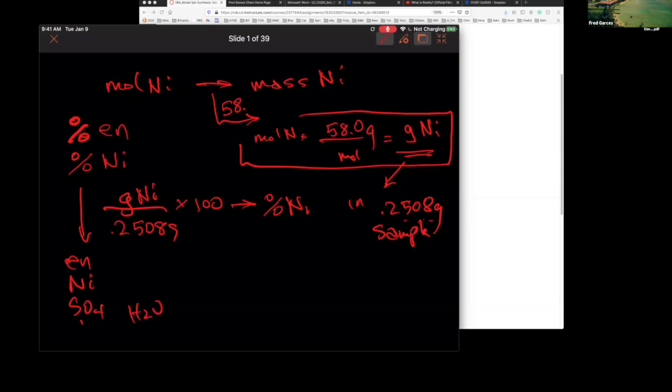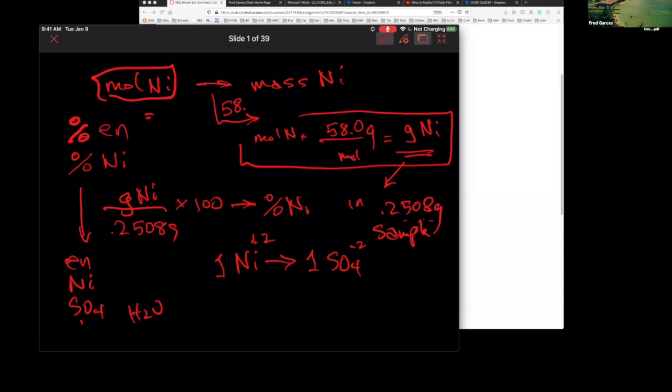Well, we know that for every 1 mole of nickel, or 1 atom of nickel, we also have 1 molecule of sulfate. It's the same because nickel is +2, the sulfate is -2, so they have to exist in the same ratio. That's a given. So the moles of the nickel here is also equal to the moles of the sulfate.